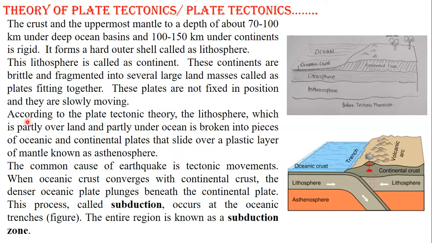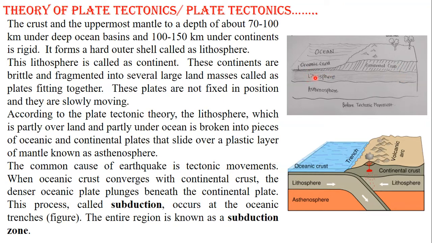According to the plate tectonic theory, the lithosphere, which is partly over land and partly under ocean, is broken into pieces of oceanic and continental plates that slide over a plastic layer of mantle known as asthenosphere. So here this is the layer of crust, continental crust and lithosphere, oceanic crust and lithosphere.